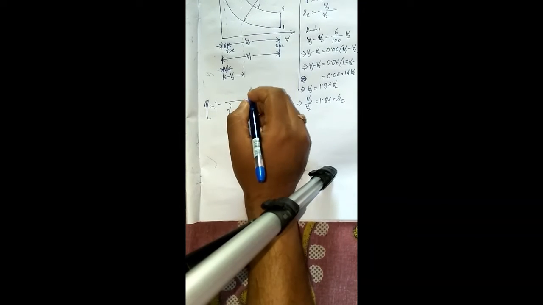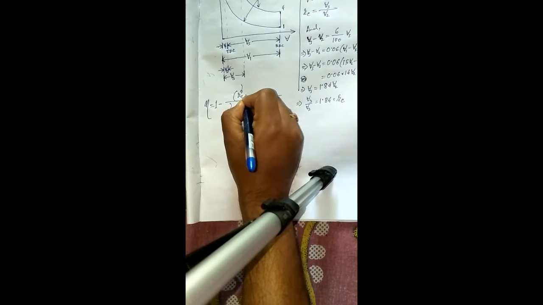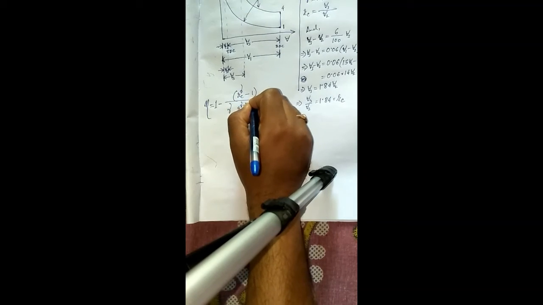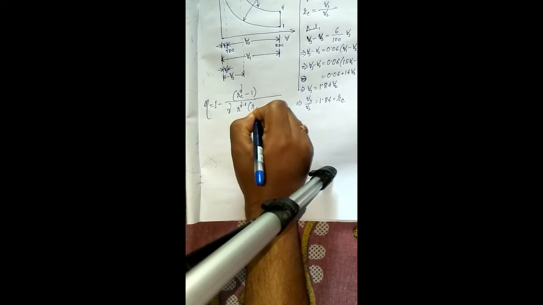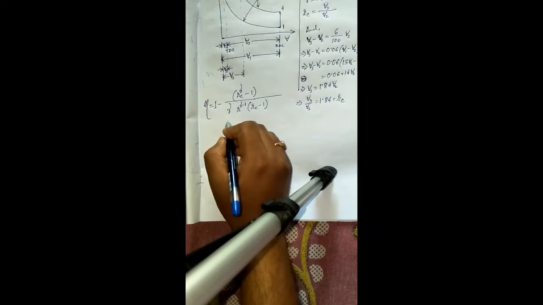In the numerator, the cutoff ratio to the power gamma, whole minus 1, by cutoff ratio minus 1. This is the equation.